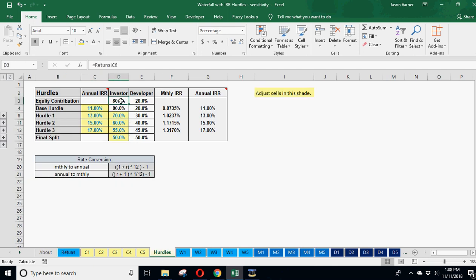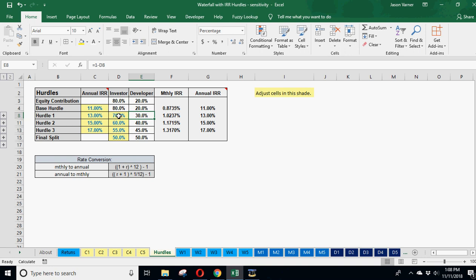So here we're just saying, it's based on equity contributed, but you can make this anything. Even if the developer doesn't contribute anything, they might start at 5 or 10%, or they could start at 0% and the investor gets 100%. But then, as soon as the cash flows that are being returned each month result in the investor reaching an 11%, we're now going to split any cash flows after that hurdle was made in a different manner.